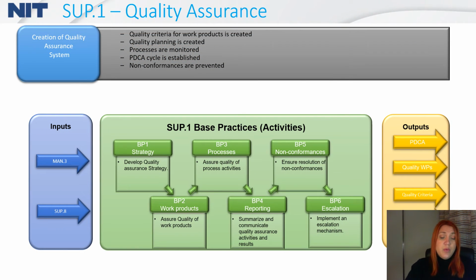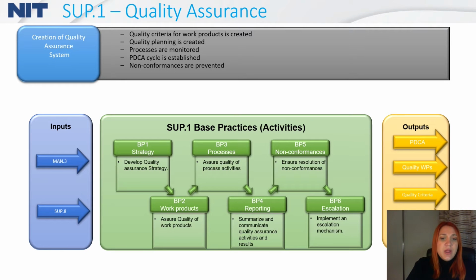Since we now know what the outcomes of the SUP.1 quality assurance process are, we can check what the sequences in the best practices given by the standards are. For example, the most important inputs for the SUP.1 process are MAN.3 project management and SUP.8 configuration management.